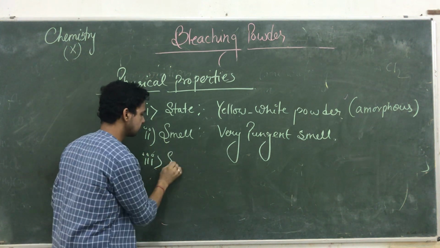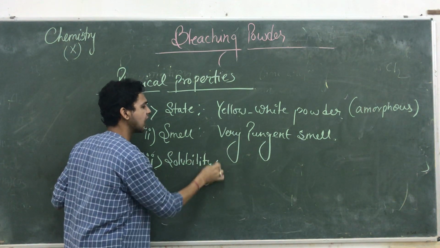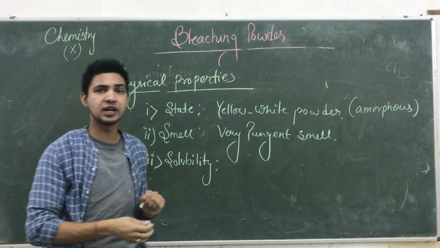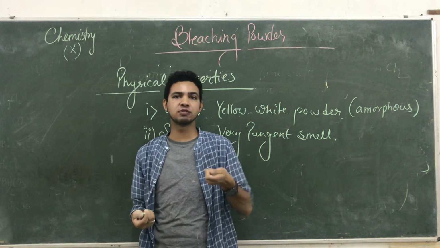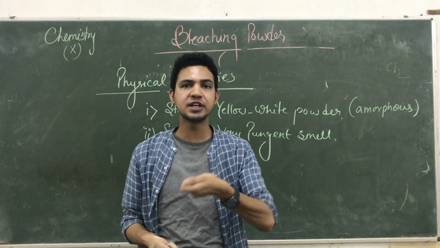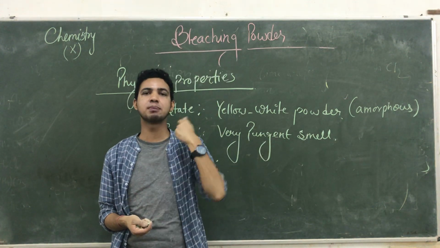Third is solubility. It is highly soluble in water. It is also highly hygroscopic. Hygroscopic means when you open the mouth of the packet of bleaching powder, it immediately absorbs the surrounding moisture and immediately reacts, giving you a pungent smell.